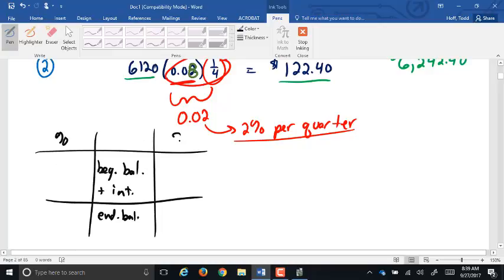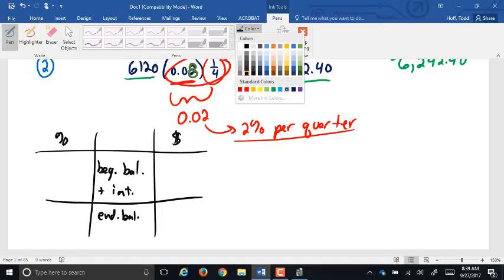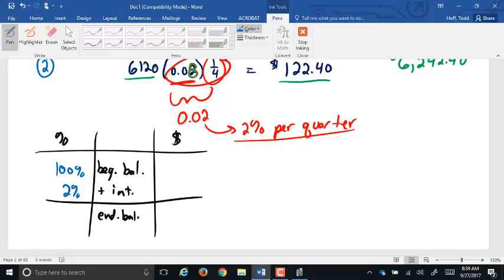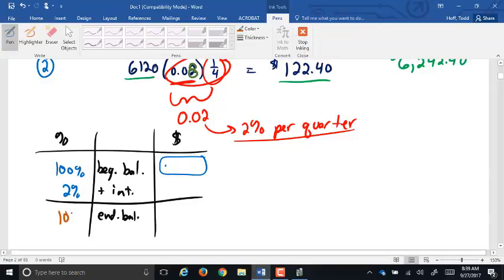You have the percents on one side, the dollars on the other. The interest is 2%. That's the 8% divided by 4 because it's for quarters. The beginning balance is 100%. Our ending balance then is 100 plus 2, or 102% of what we started the quarter with.